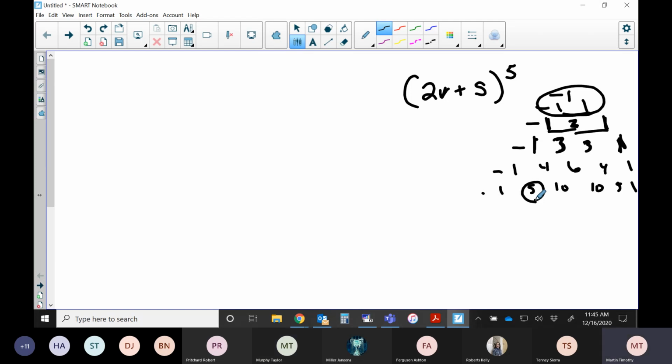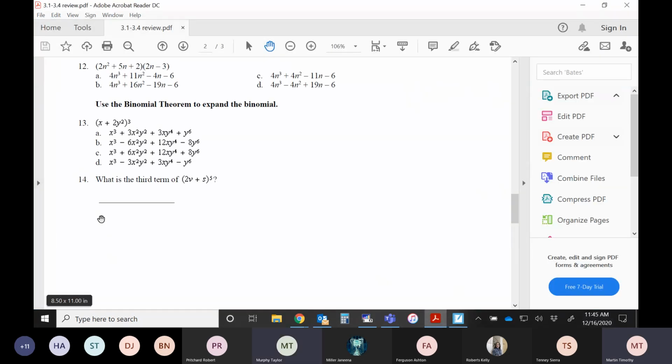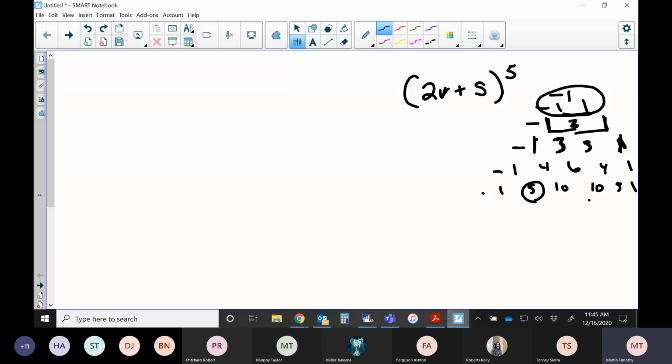So now it only asked me for which term though. Look at the review. What's it say? It says what is the 3rd term. So I don't care about these last 3 terms. I really only care about this one.